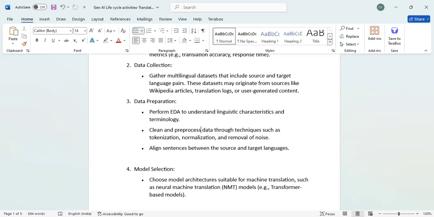The solution designers or architects plan like that. They don't work like low-level engineers. They plan like this with a standard life cycle, then list the tasks. Then they distribute the tasks to cloud engineers, ML engineers or Gen AI engineers, whatever role it is. So for them you need to plan it.